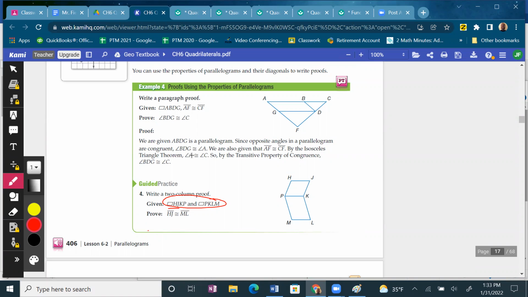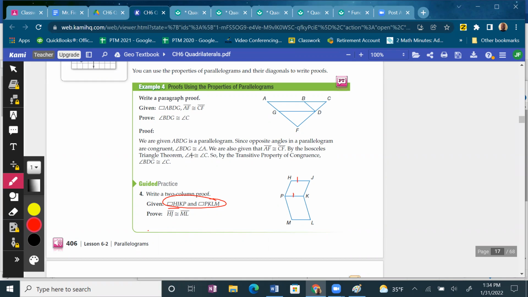When I'm thinking about my proof plan, I'm thinking, all right, these are sides, and that's what we want to prove. We want to prove that this is congruent to this. But we can't say that yet because we'll have to say that at the very end. What we can say is our given is that we have parallelograms, and we're talking about sides, top and bottom.